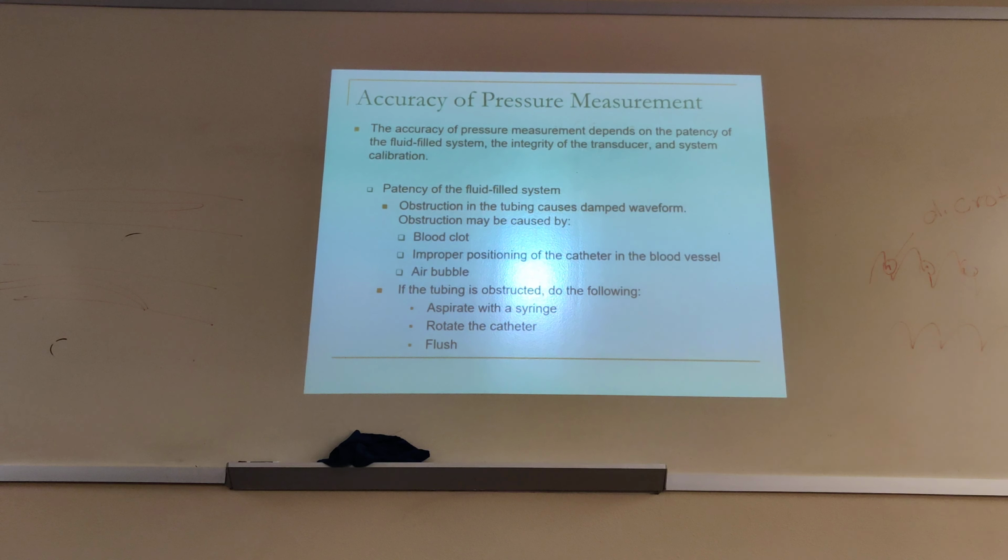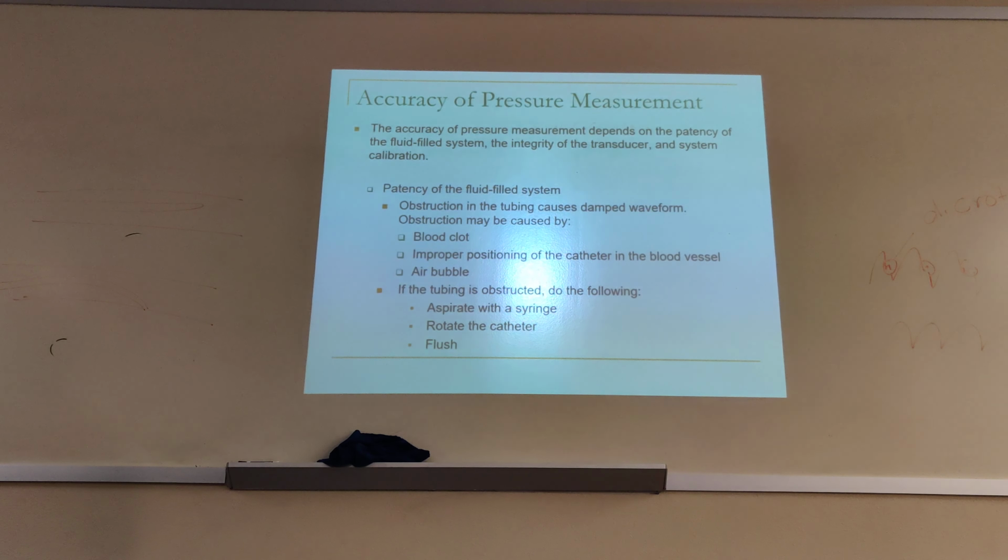So anytime you have that damped waveform, an abnormal waveform, in order to restore it so that you can start getting normal blood pressure again, there are three things that you have to do. And you have to do them in this order, on the test. The first thing we can do is use a syringe. I'm going to put an empty syringe here, and then we're going to aspirate blood.